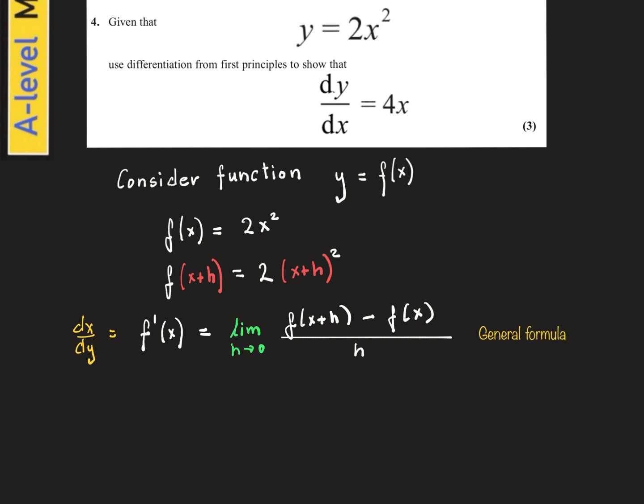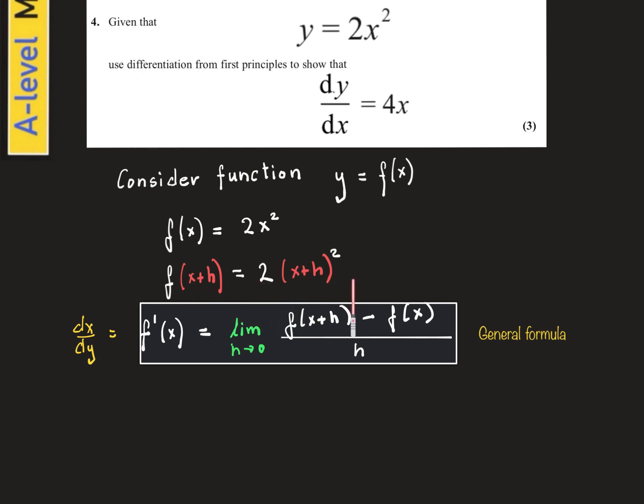This is what we call the general formula, and this should be written before you do the workings out of the first principle. So far I've written the function, which is 2x squared, and I've also written the function at x + h.